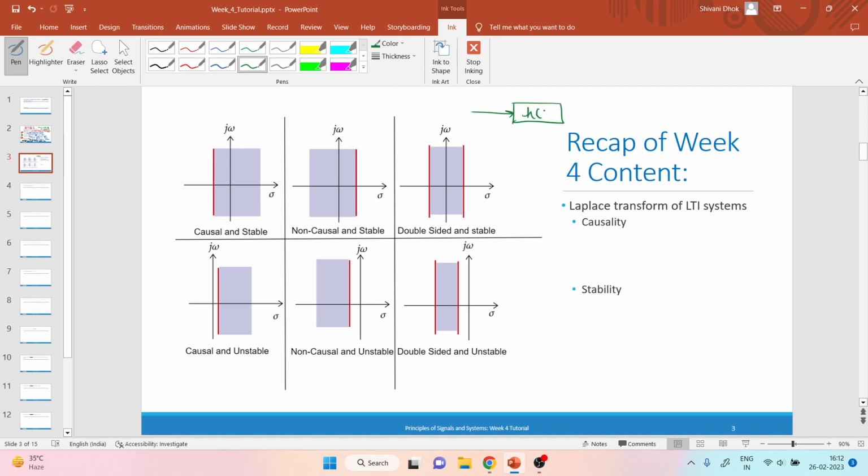If I have an LTI system with impulse response h of t, and I give an input x of t and observe an output y of t, then this output is simply the convolution of x of t with h of t. And if I use the time convolution property of Laplace transform, then this can be simply written as y of s is equal to h of s multiplied by x of s.